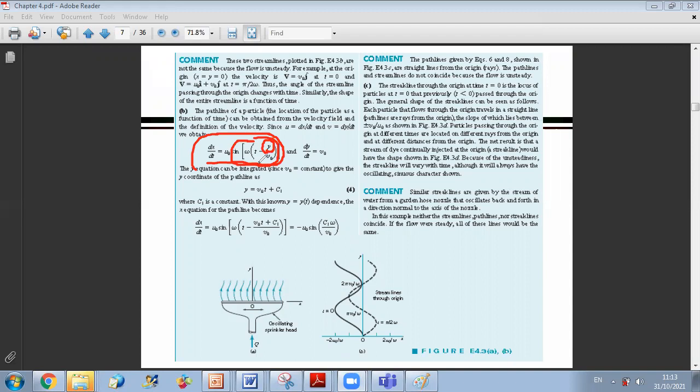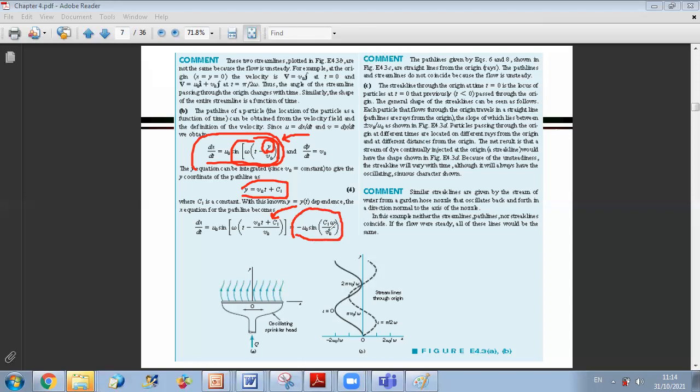And then we said we cannot integrate this relation with respect to time before replacing y by its value. And when we replaced y by its value, what happened is that t canceled out, because if you develop, you have v0t minus v0t plus c1 over v0. So v0t will cancel out and you end up only with dx by dt equal to minus u0 sine of c1 omega over v0. So the time here canceled out.